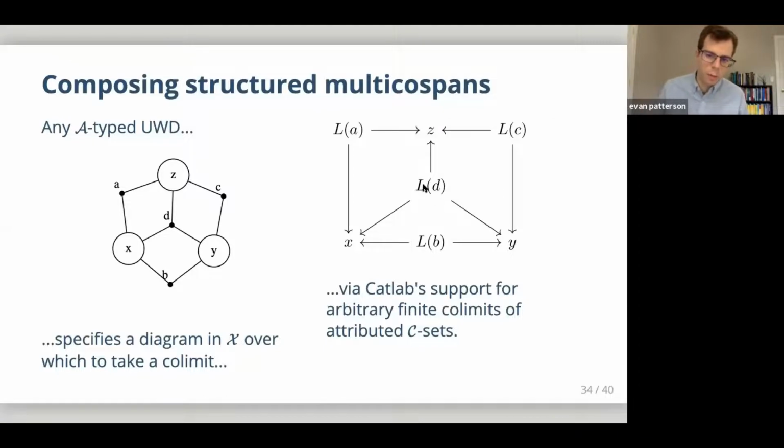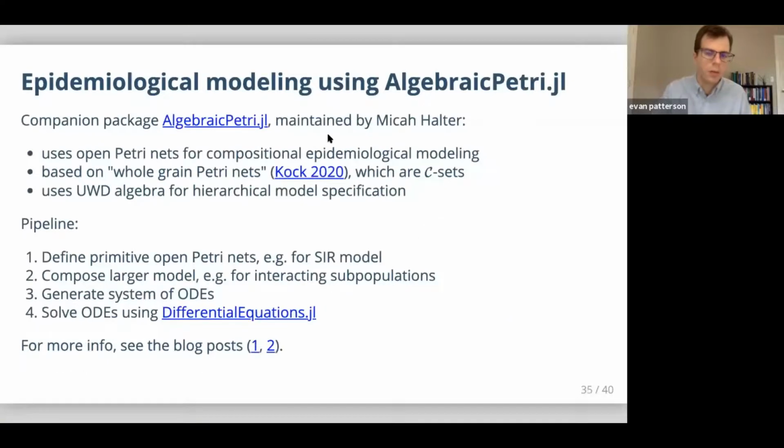This picture, apart from the presence of the L's, which you need in the structured cospan world, is dual to the one for databases. It's implemented in CatLab via CatLab's support for taking finite colimits of arbitrary shape over attributed C-sets. I don't show the code, but the implementation is really quite simple. You take the undirected wiring diagram, translate it into a diagram of C-sets, and then fire off the colimit.